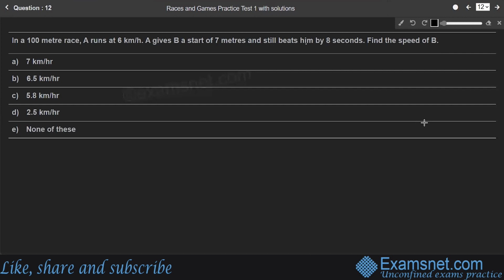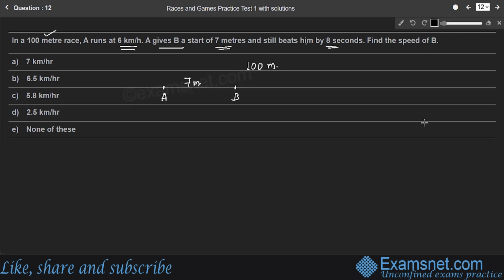Question number 12. In a 100-meter race, A runs at 6 km per hour. A gives B a start of 7 meters and still beats him by 8 seconds. Find the speed of B. So very easy question. So here we'll consider a 100-meter race in which A gives a start of 7 meters to B. So here A to B distance is 7 meters, right?